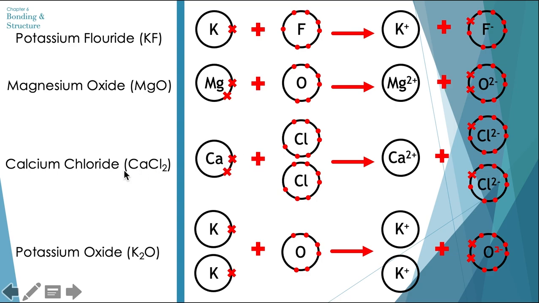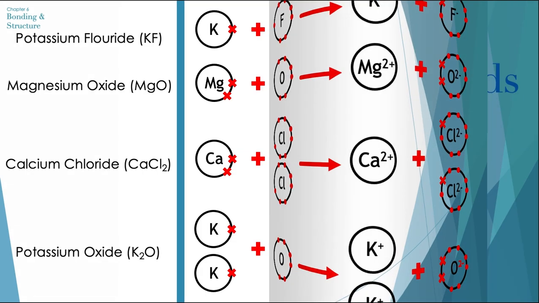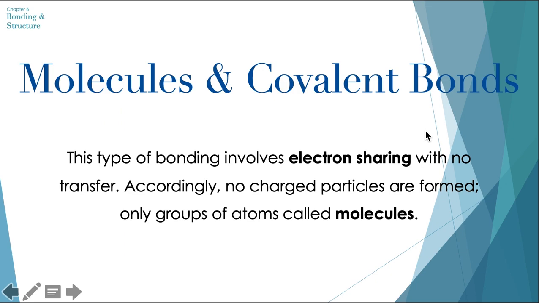And that is how an ionic compound is formed, not a molecule. Ionic bonding does not form molecules, but covalent bonding does, because covalent bonding involves electron sharing with no transfer. Because of this, no charged particles are formed, no ions are formed, so no electrostatic forces come in between, and only groups of atoms are formed, which are called molecules.